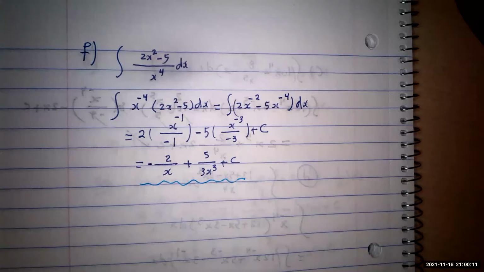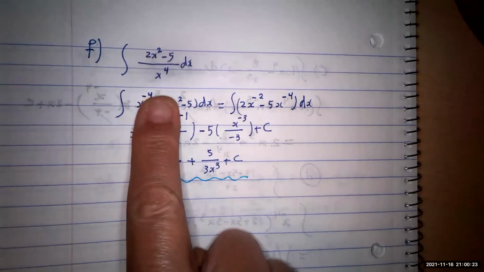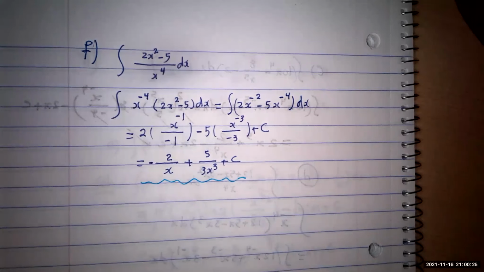Yes, what's the question? I just want to make sure, so if it's on the bottom, you move it to the top. Like negative 5x to the negative 3, it was from negative 4. If it's negative, you move it down. When you're done, yeah, you bring it back.